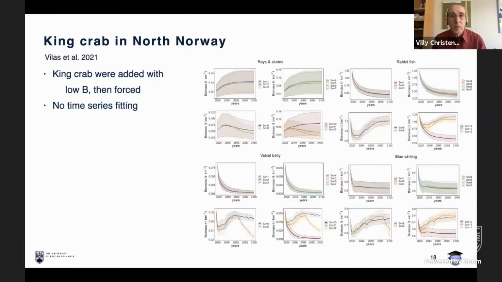In Norway, northern Norway, there has been an invasion of king crab. They were actually introduced by Norwegians, and Helena, who's somewhere on this call now, is looking at snow crab invasions. They are expanding their range, I should say, up northern Norway, the Barents Sea.